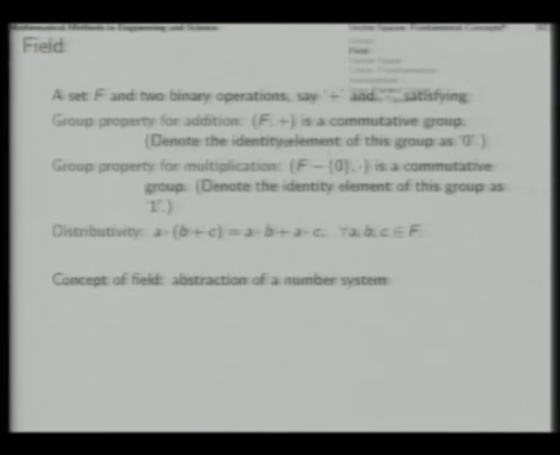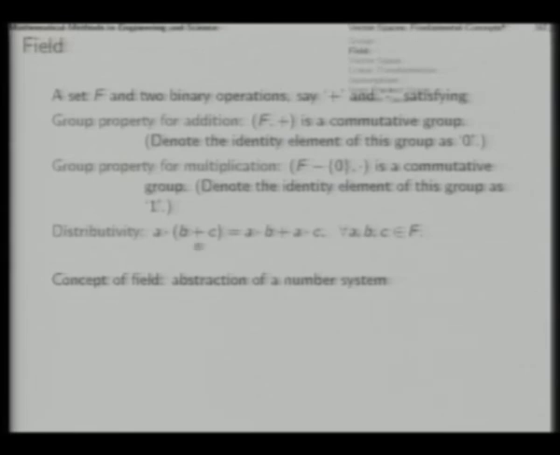And then from the set F, if we remove this 0, the identity element of the group here, then what remains? With that, the multiplication dot forms another commutative group, and apart from these two commutative groups, we have the distributive property, that is, the multiplication is distributive over addition.